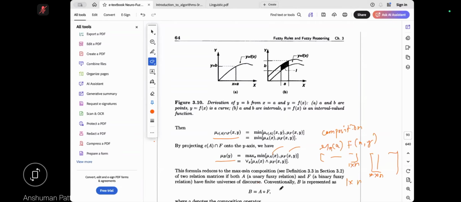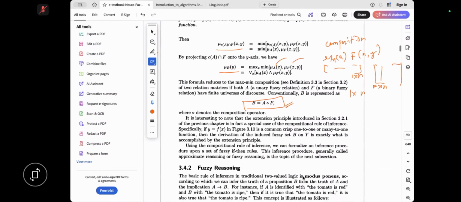This can be broadly represented as a composition: B equals A composed with R over f. This is the formula. This is a binary composition, binary relation. Here we are applying maximum composition. Instead of maximum composition, is there any other composition we have studied? Max product. Here, the basic one is that we are using maximum composition. Okay.